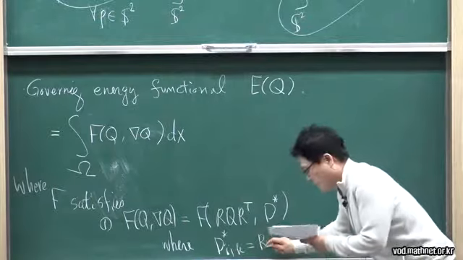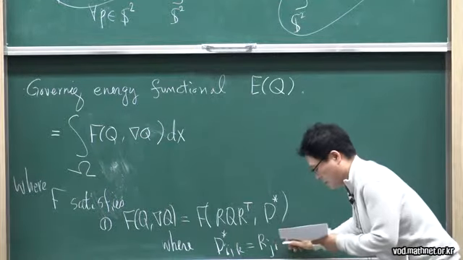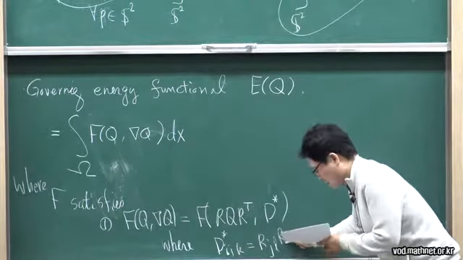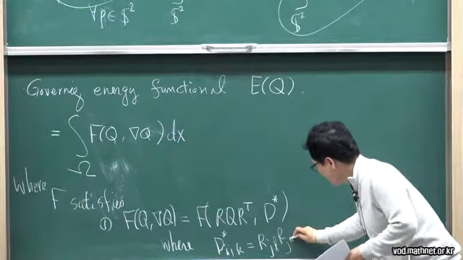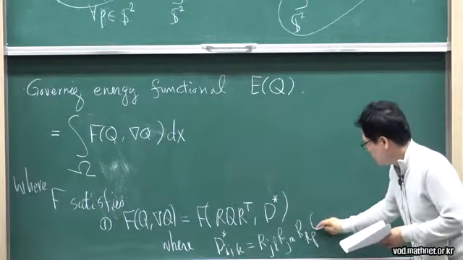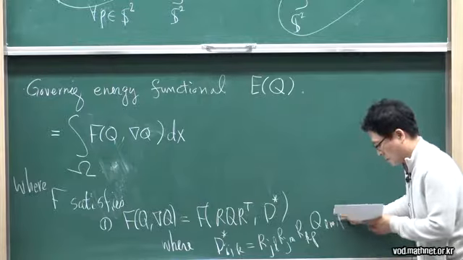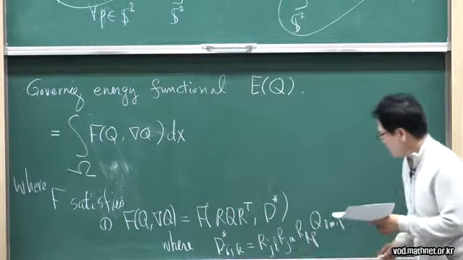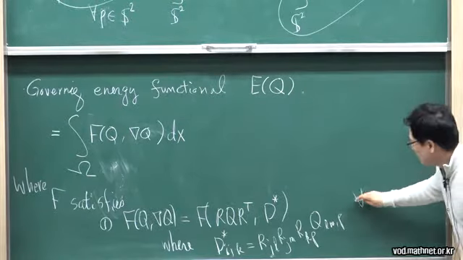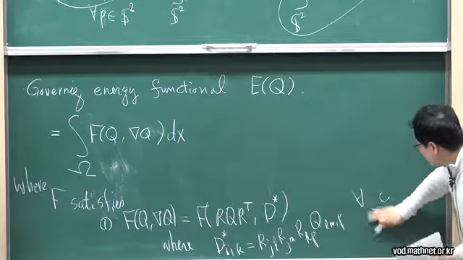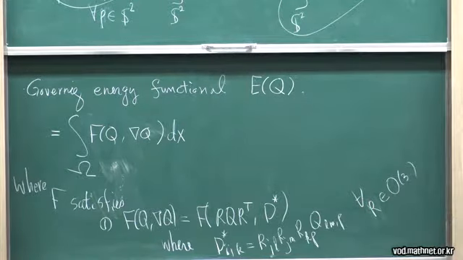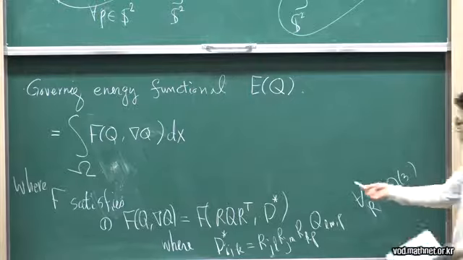This is a little bit complicated, but R_il, R_jm, R_kp, Q_lmp, for every R in O3. This is just the frame indifference.